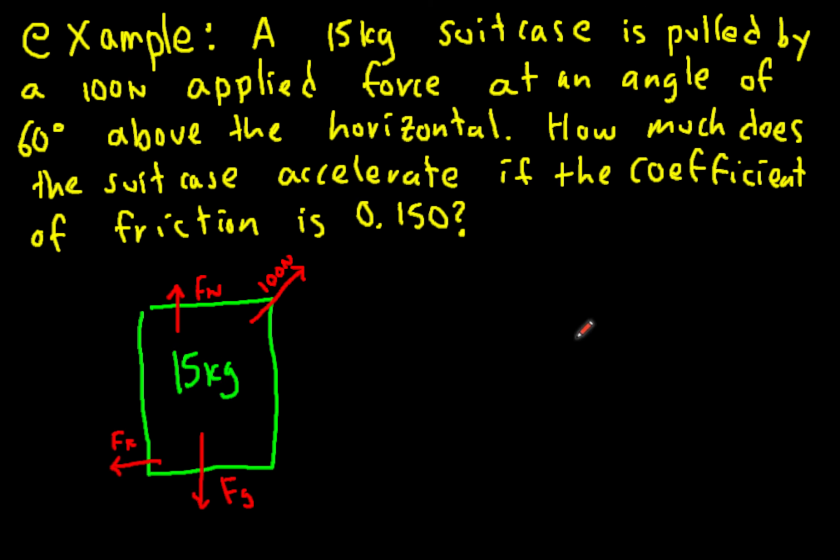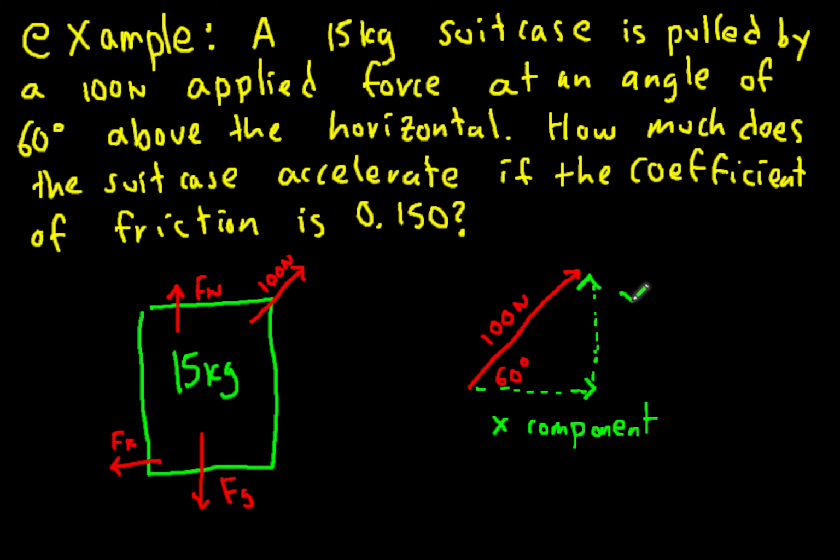We'll start by breaking the 100 newton force down. This 100 newton force is at an angle of 60 degrees. And for this reason, we recognize that it can be broken down into an x component, which is horizontal, and a y component, which is vertical.